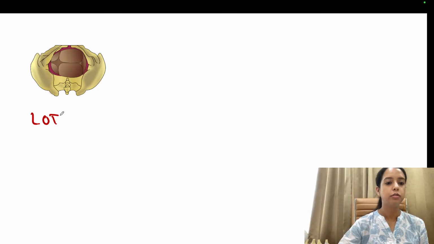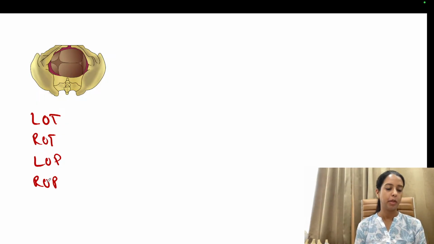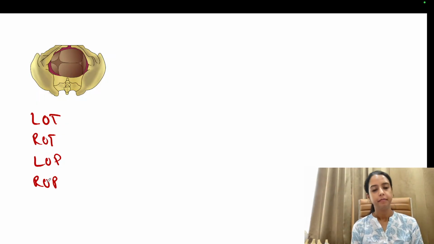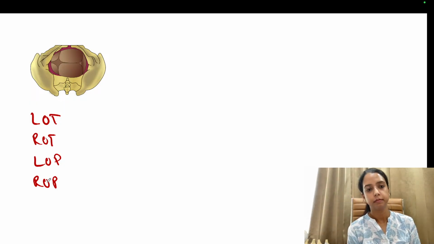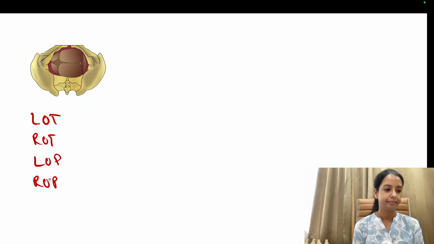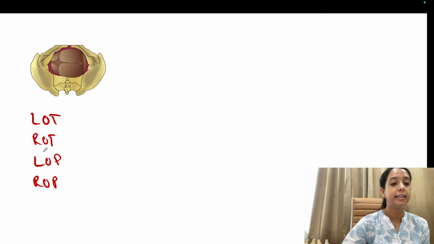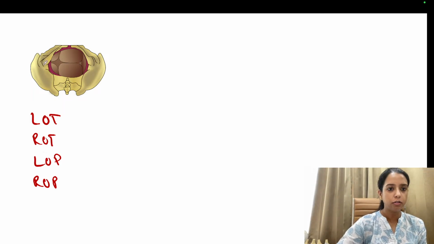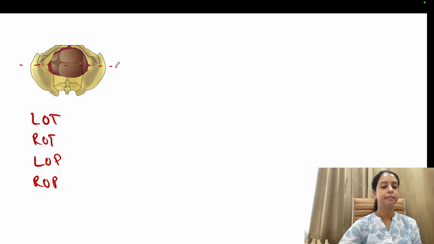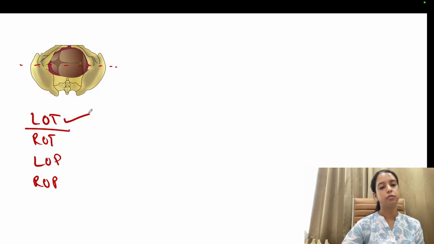It is left occipito-transverse, right occipito-transverse, left occipito-posterior, right occipito-posterior. Sorry, it's not anterior, that option is not there. It is in transverse, isn't it? But anyways, you are right. It is left occipito-transverse. Okay?